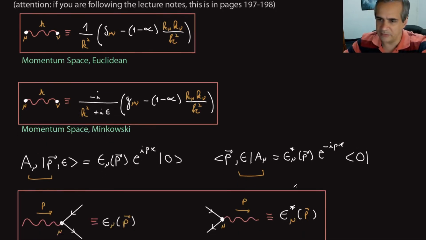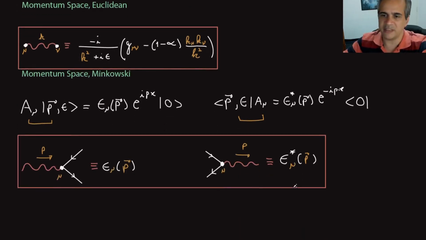And then that gives me the rules for the external legs of the photon. So an external leg will always come together with the polarization, which has an index again for the vertex. So you know that the vertex here has a field A mu, and that's the index that shows up here. It can be contracted with other things. I still didn't talk about this interaction.